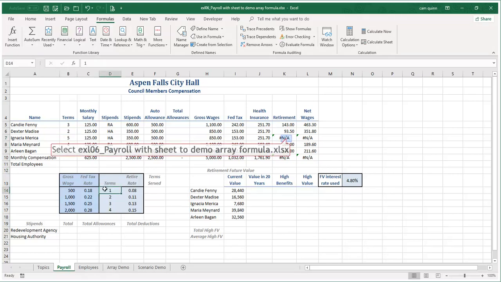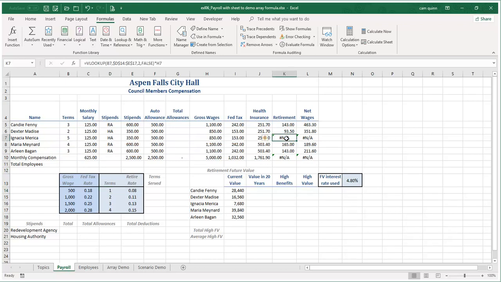So I want the VLOOKUP to return an error. I want it to come back and say, hey, wait a minute, this guy's here for 5 terms, we don't have a rate for that, so there's an error somewhere. Either it shouldn't be 5, or the retirement rate table should have a rate in here for 5.